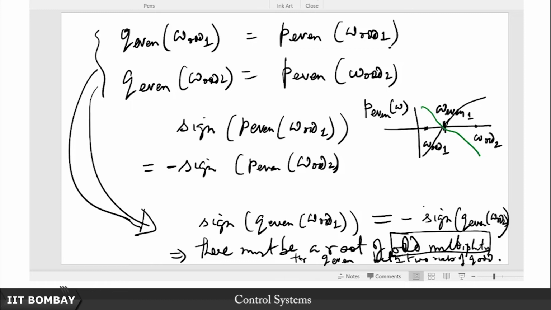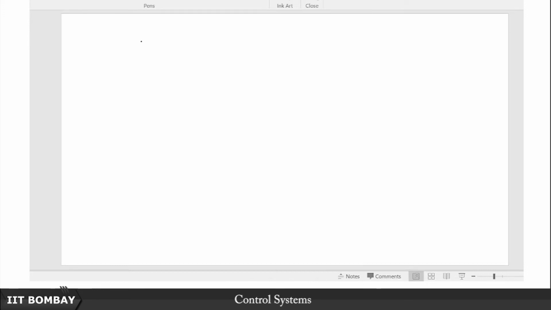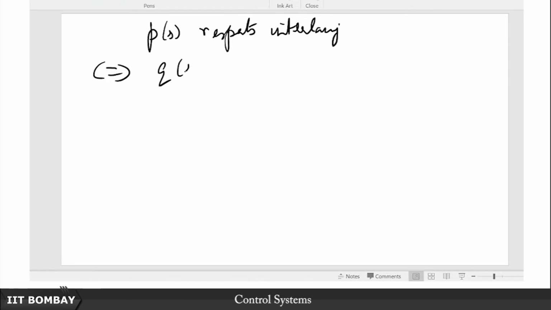So you have exactly one root of the even part between any two roots of the odd part, which is to say that we have cooked up a way which says that PS respects interlacing is the same as QS respects or obeys interlacing. What that in turn means is that if PS had all its roots on the left half plane, then QS also has all its roots on the left half plane.